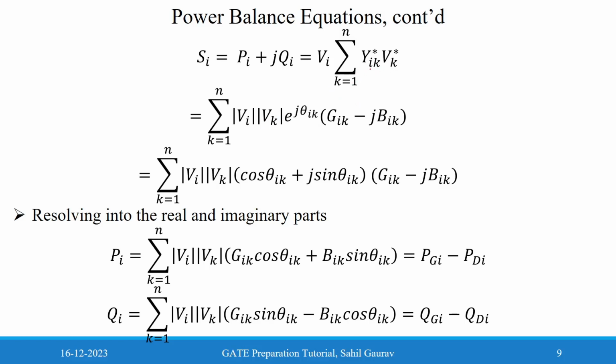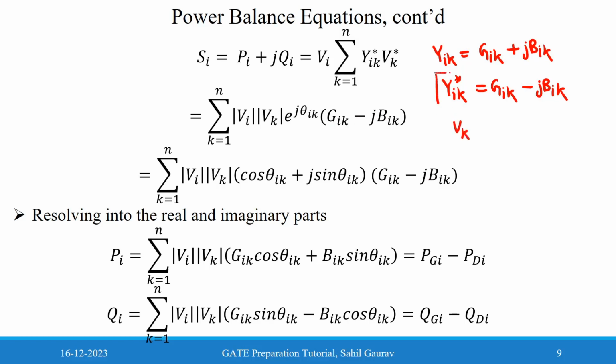Y_ik we know is G_ik plus jB_ik, therefore Y_ik conjugate is equal to G_ik minus jB_ik, right?